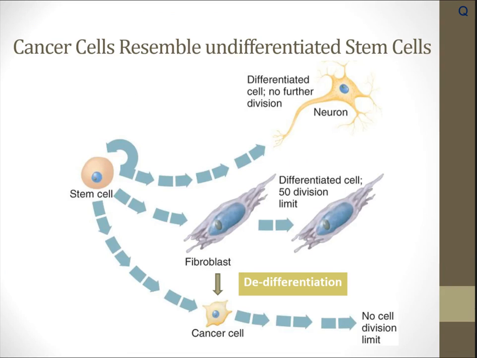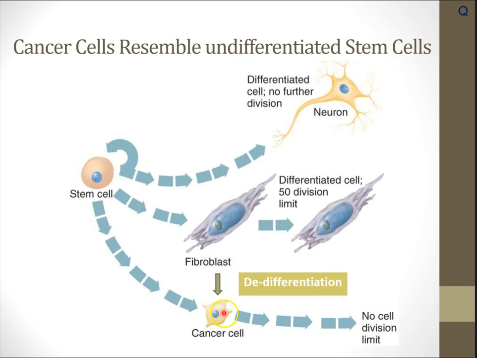One other characteristic of cancer cells is the fact that they resemble stem cells. We believe that there's a process called dedifferentiation in which cells that have been fated to a certain organ, so they have a specific cell type, go through a process of losing this cell type characterization and resembling something that looks as though it is a stem cell and has the ability to become other types of cells.